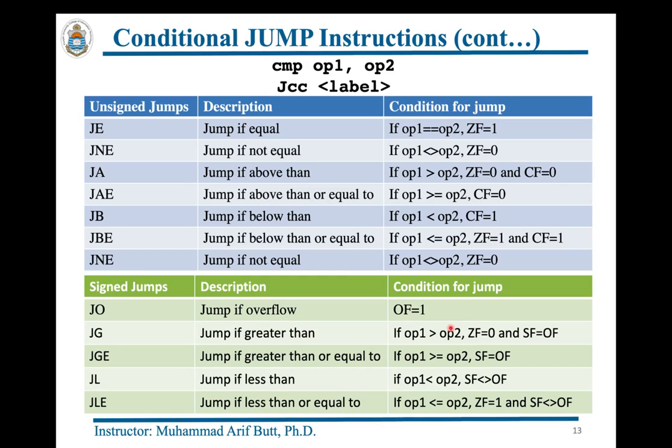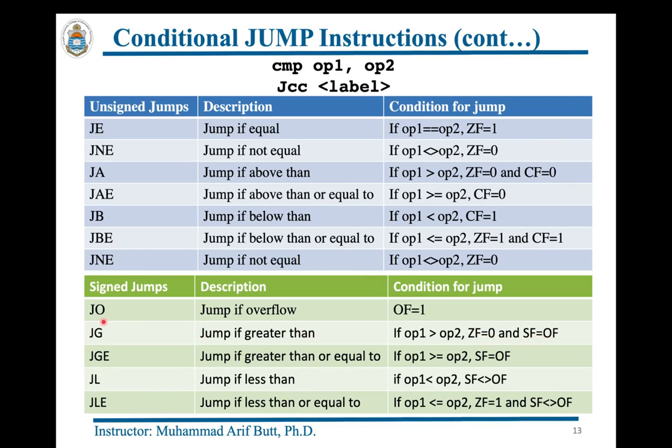Also note that other than comparing the two operands, there are some conditional jump instructions which just check the status of a flag. For example, this JG instruction says jump if operand 1 is greater than operand 2. It checks that the zero flag is 0 and the sign and overflow flags are equal.